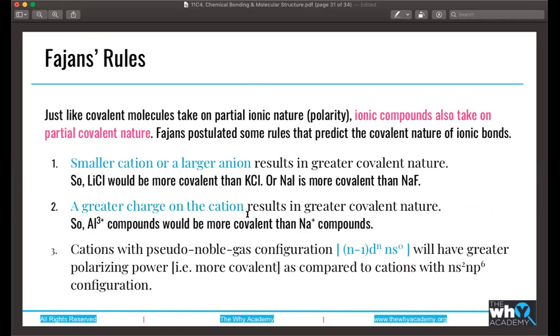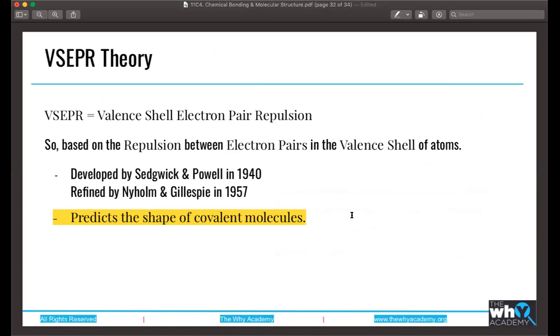Greater charge on the cation means greater covalent nature. So beryllium is going to have more covalent nature as compared to lithium. When you go from left to right in a period and compare what kind of bond an element forms with chlorine, lithium forms a purely ionic bond with chlorine.